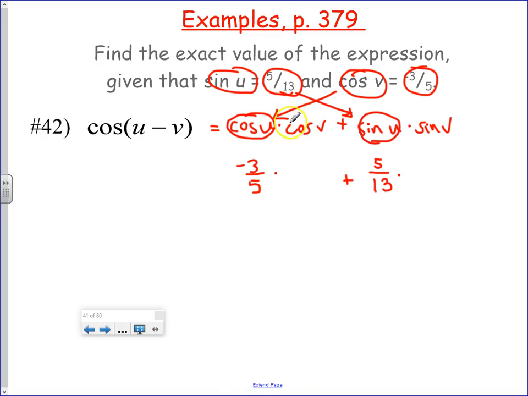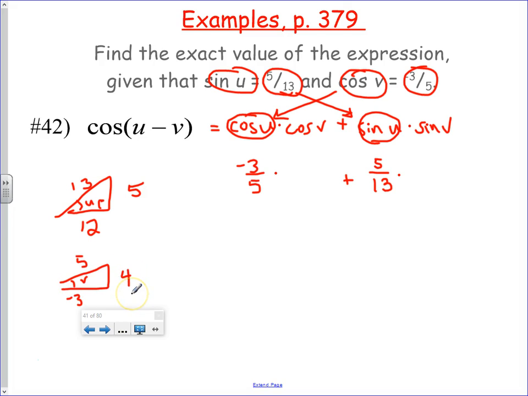How do we find the other side? If I have a 5 and a 13, I know cosine is supposed to be 12. And if I know a 3 and a 5, I know sine is supposed to be 4.